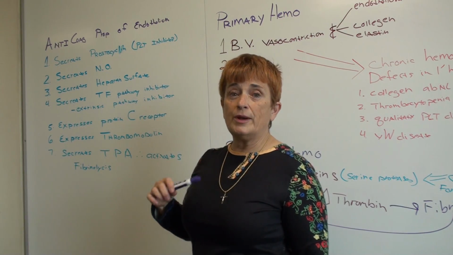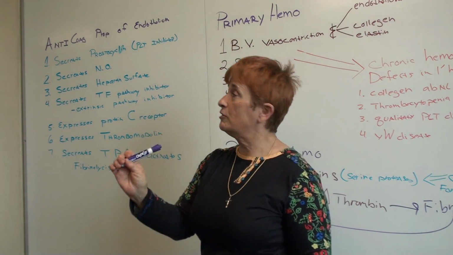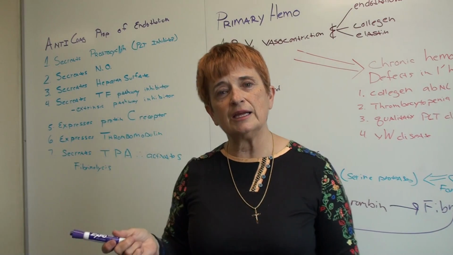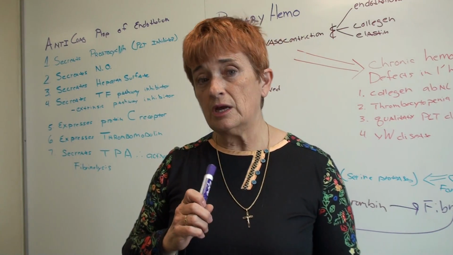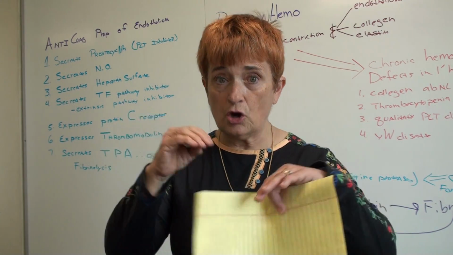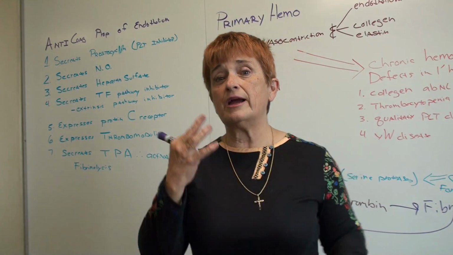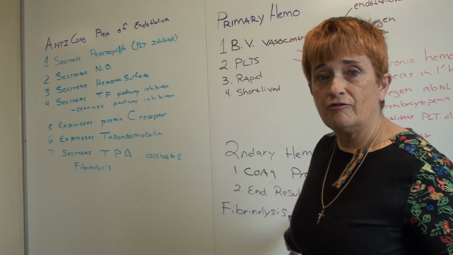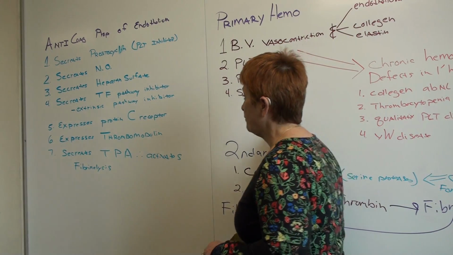It's also known as extrinsic pathway inhibitor. Well, what's extrinsic pathway? Well, we'll get into that later. We have an intrinsic pathway, extrinsic pathway, and a common pathway. So there are actually 3 different pathways where all of your coagulation factors, etc., work together.